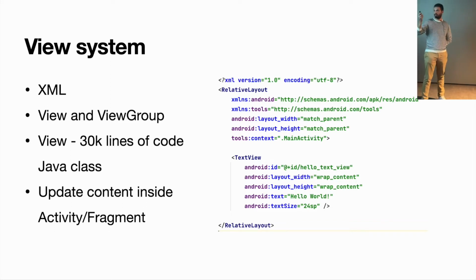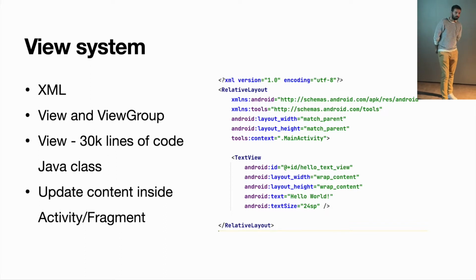And here is a fun fact: view has around 30,000 lines of code. So it's a bit complex, you can say. Whenever we want to make custom components or something like that, we are essentially extending the view class, which is responsible for drawing the UI on the screen.